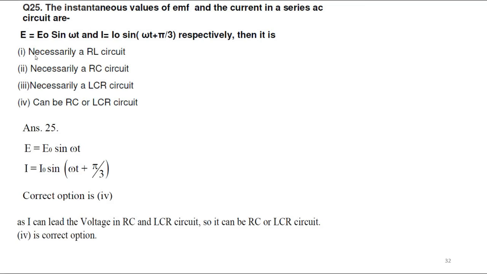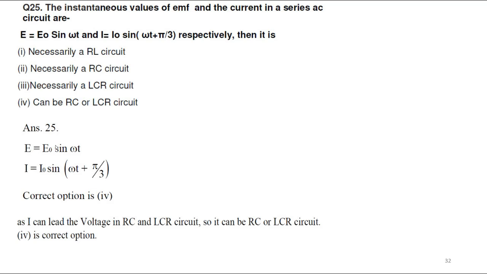Then it is: option 1, necessarily an RL circuit; option 2, necessarily an RC circuit; option 3, necessarily an LCR circuit, of course series is already given; option 4, can be RC or an LCR circuit. The answer for question number 25 is option 4.